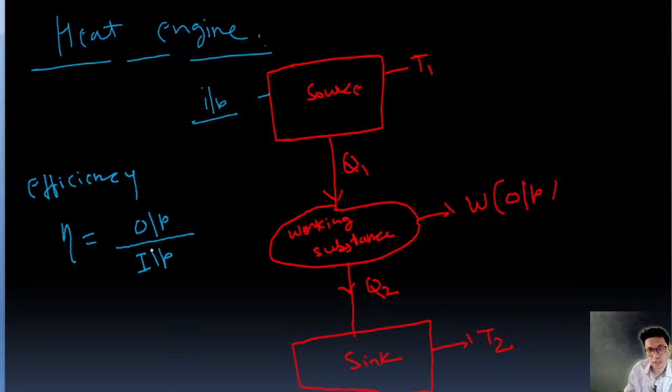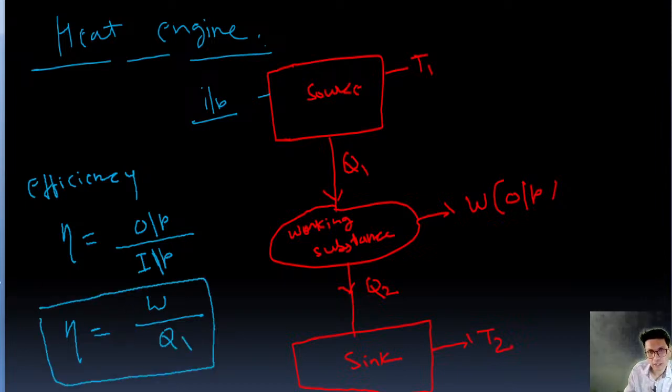What is the output? Output is W, so eta is W upon Q1. This is the efficiency, guys. Very important formula for the heat engine.